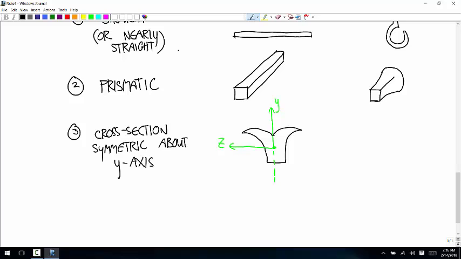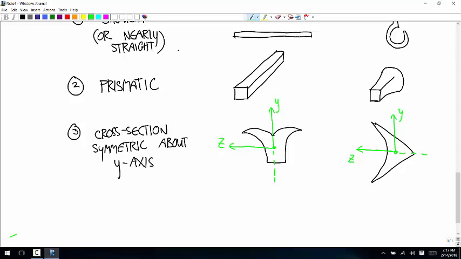But we can't do shapes like this, because this one is symmetric about a horizontal axis, but not symmetric about the y-axis.